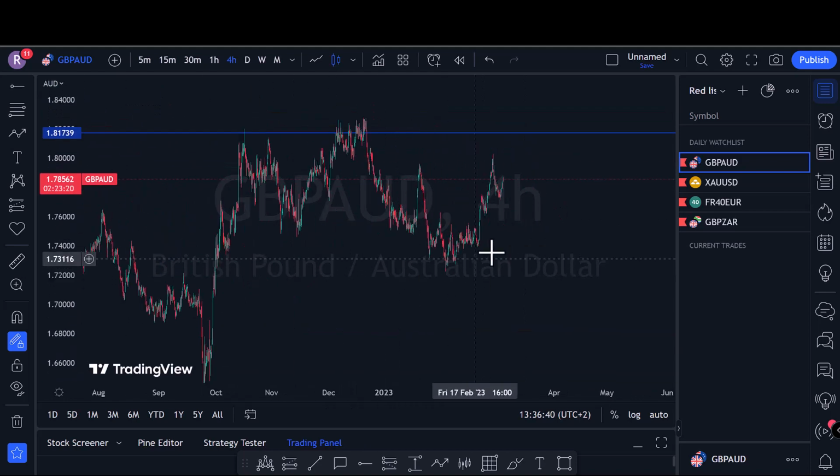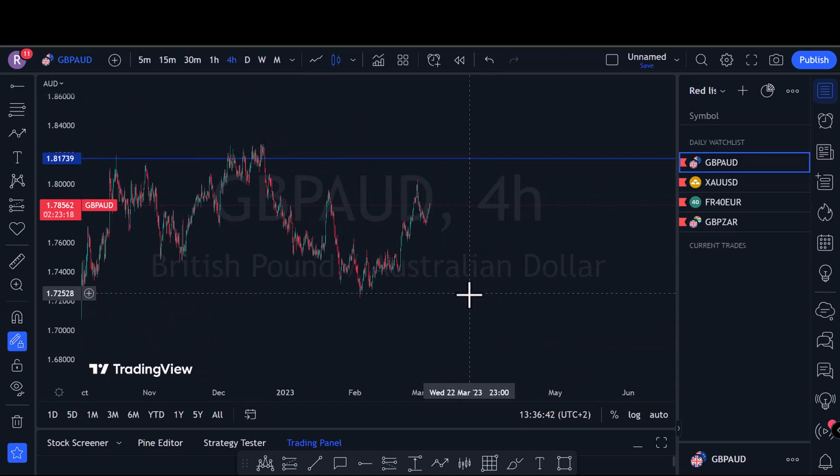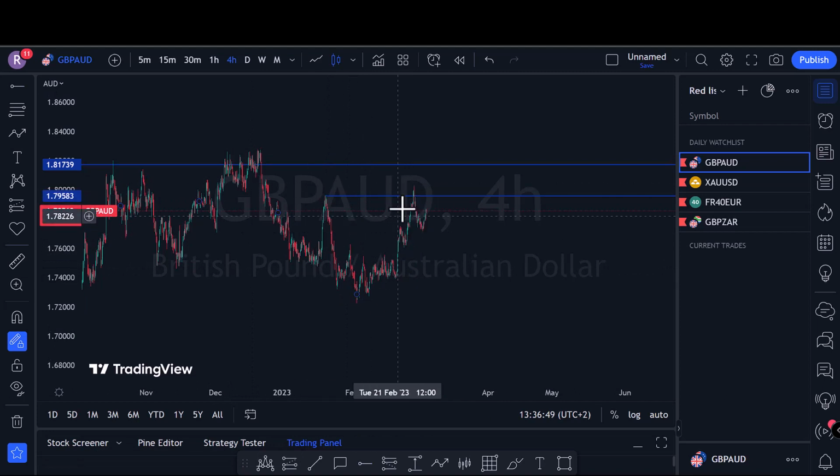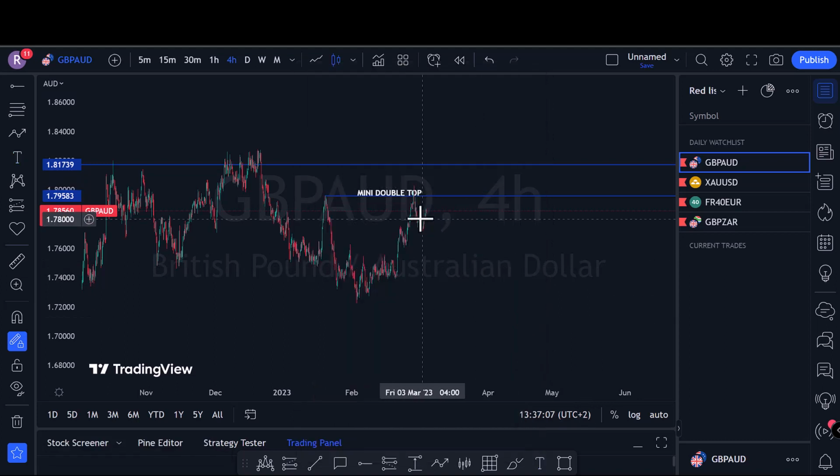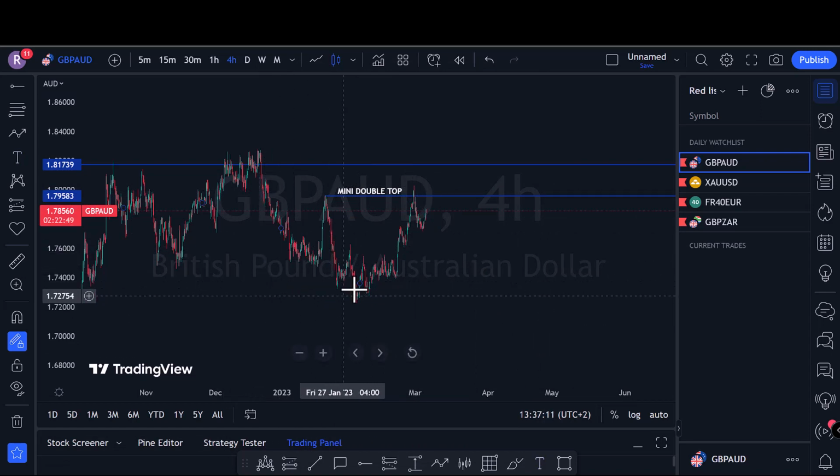On this one we don't have a pattern, but we do have a mini double top. We call it a mini double top here. As you can see, this is also a double top structure, but a mini version of one, just like the one on the daily that we had. So here we have our mini double top right there.